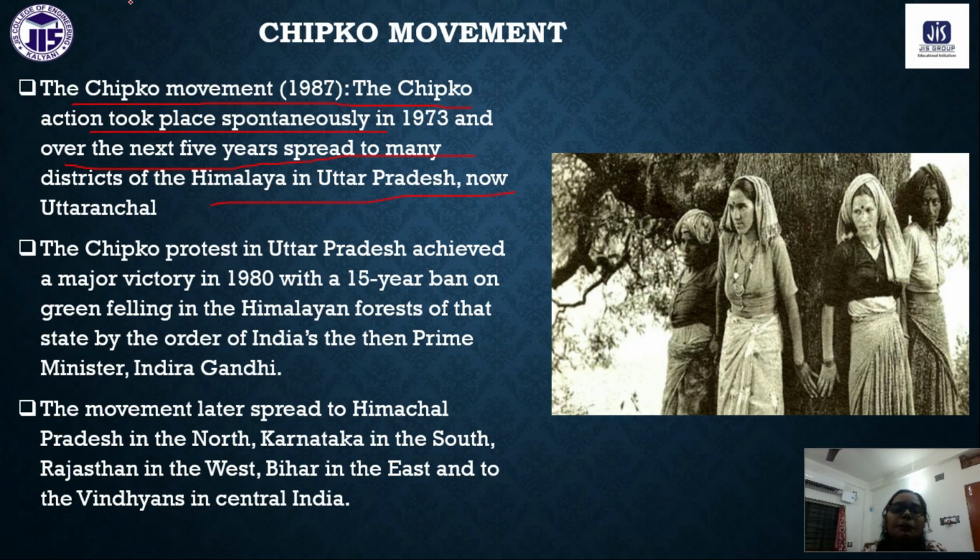The Chipko protest in Uttar Pradesh achieved a major victory in 1980 with a 15-year ban on green felling in the Himalayan forest of that state, by order of India's then Prime Minister Indira Gandhi. So this movement is a great success in protesting against the cutting of the trees.